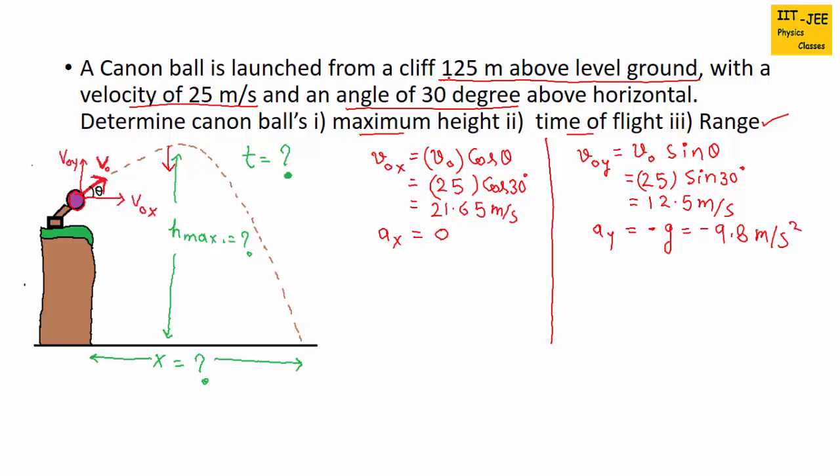It is given that initially the ball is at 125 meters height above the ground. So this is actually our initial vertical displacement. So y equals 125 meters, but it's negative because the ball is displaced downward. Okay, now we wrote all the givens.